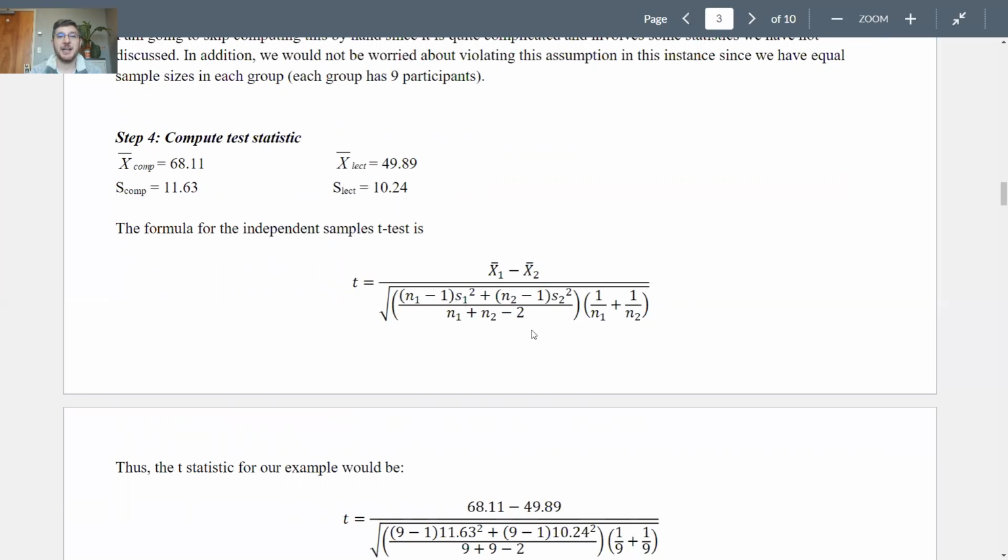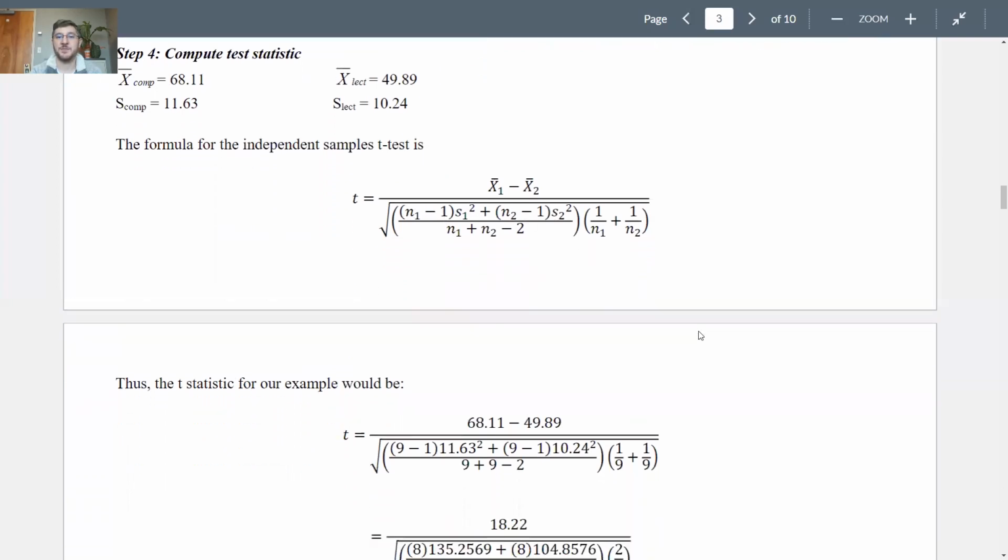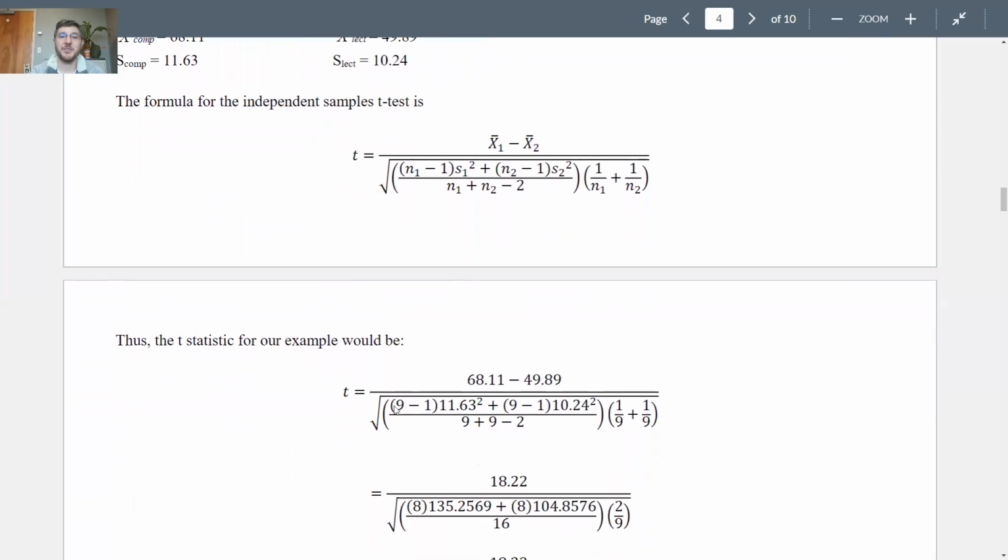So we take each sample standard deviation, we square it to turn it into variance, and then we're going to weight it by the size of the sample. That's why it has N1, the sample size in each group, minus 1. In this case, it's basically going to be a straight average because the sample sizes are the same.